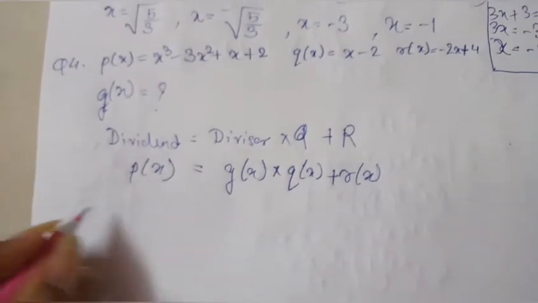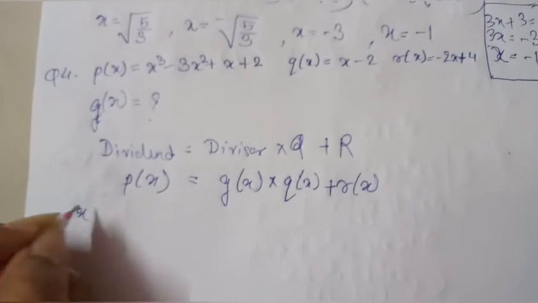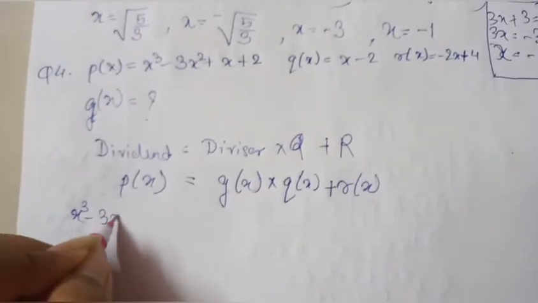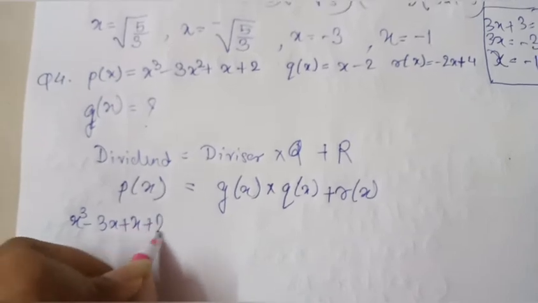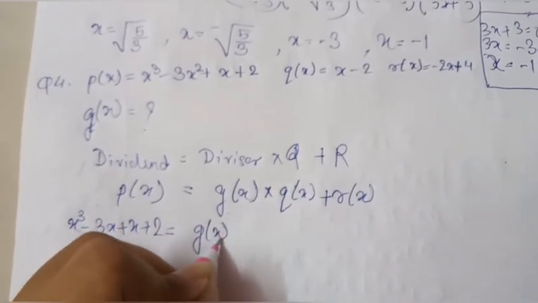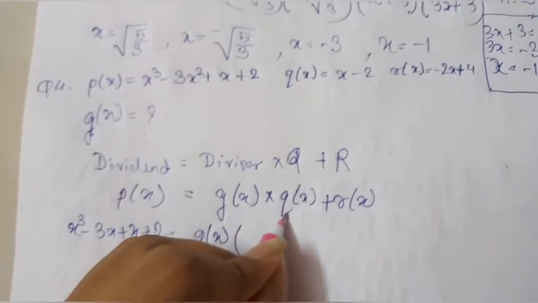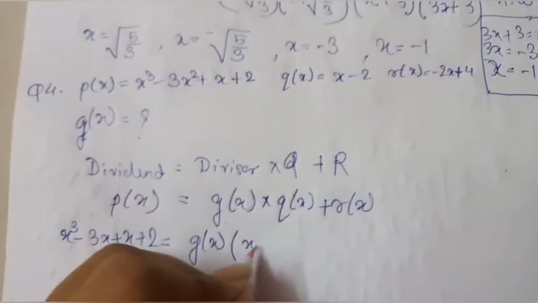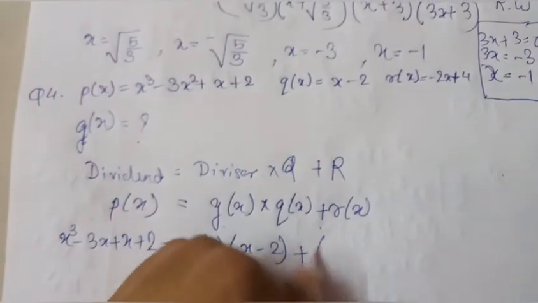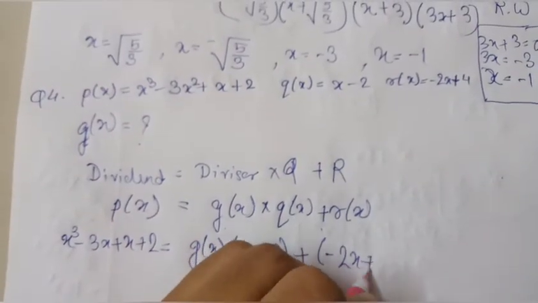It is just simple. So we'll put p(x), that is x cube minus 3x square plus x plus 2. Now g(x) we don't have, so we'll write it as g(x) only, into q(x). q(x) is x minus 2 and r(x) is minus 2x plus 4.